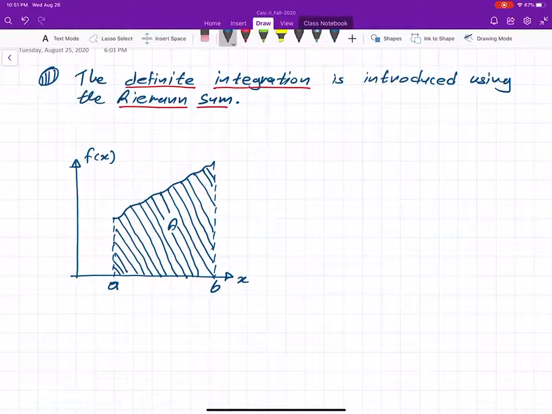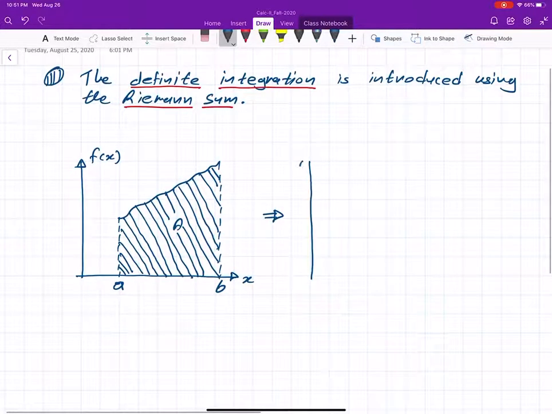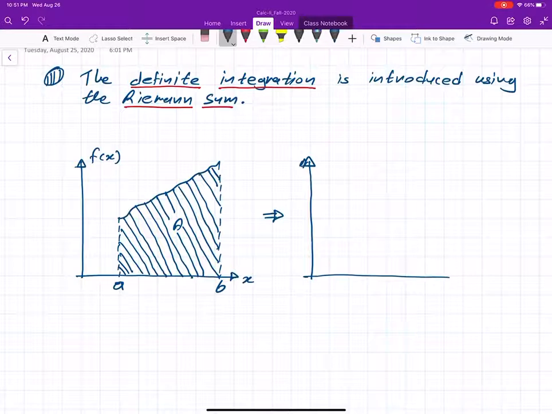Like I explained before, I can use the approach of cutting into stripes. So I have this function here, and then it goes like that.